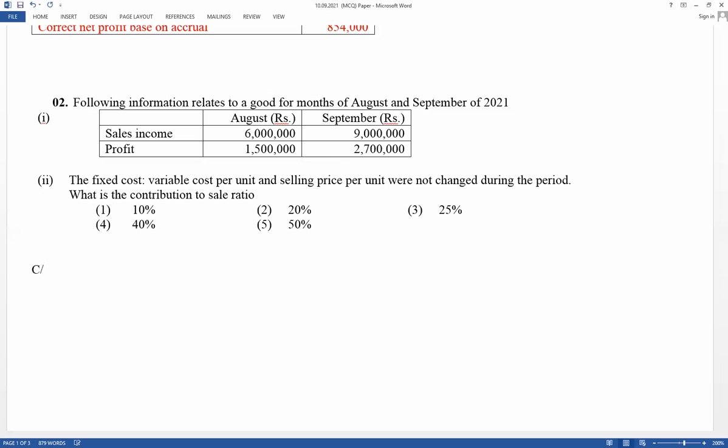Contribution to sales ratio equals changes in profit divided by changes in sales income.